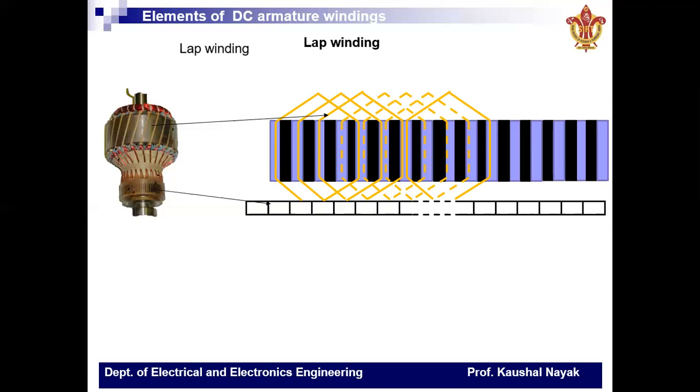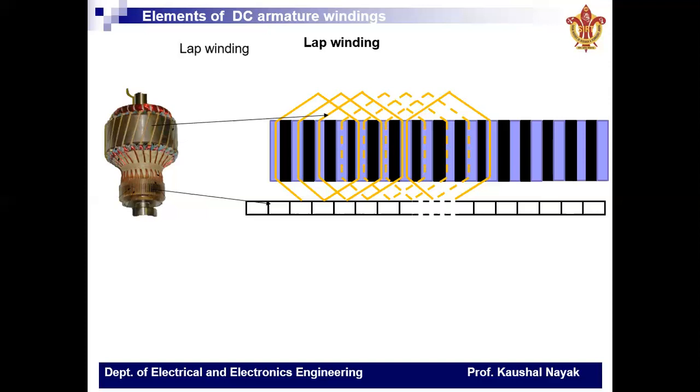The simplex lap winding term refers to the fact that coil 1 is placed in the slot adjacent to coil 2, and coil 2 is placed in slots adjacent to coil 3, and so on. The lap refers to the fact that coil 2 laps over coil 1 and coil 3 laps over coil 2, and so on for one parallel path.